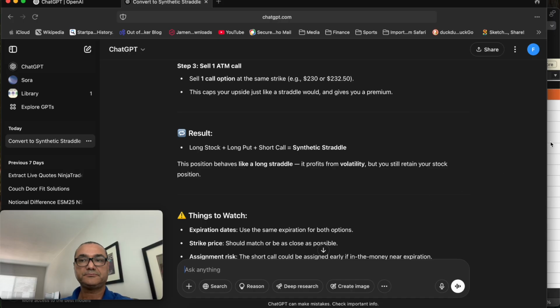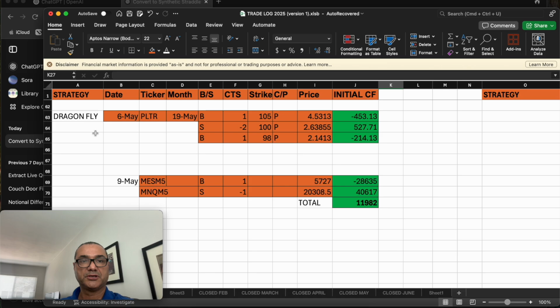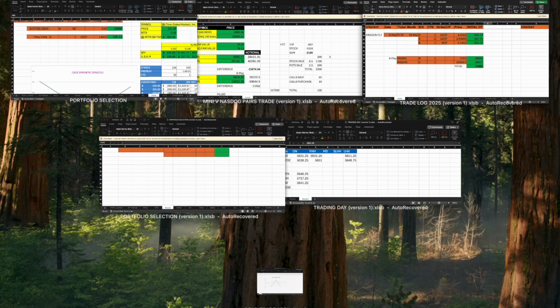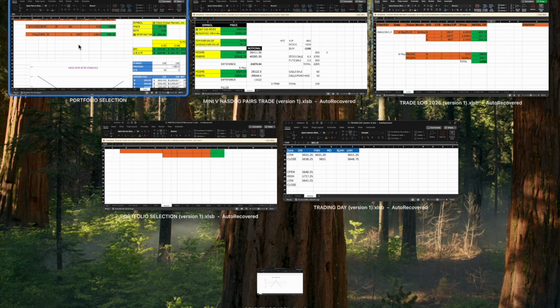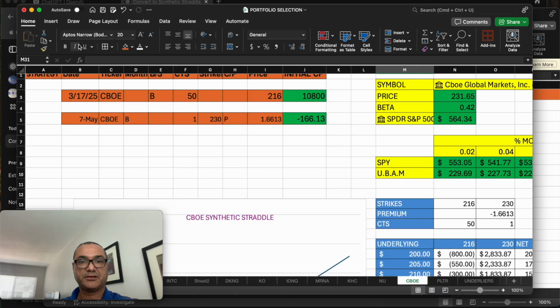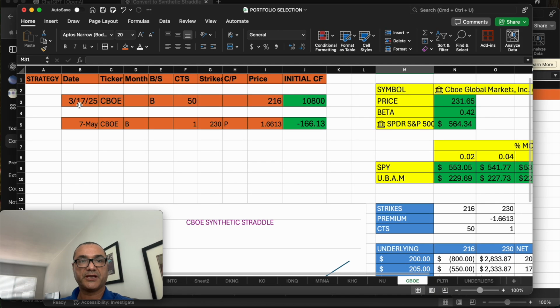And as an example, I used what I actually have here. Let me do my CBOE. Okay, so on the 17th of March, actually this was probably April, but either way, I have 50 shares of CBOE that I bought at 216 a share, so my outlay was $10,800.